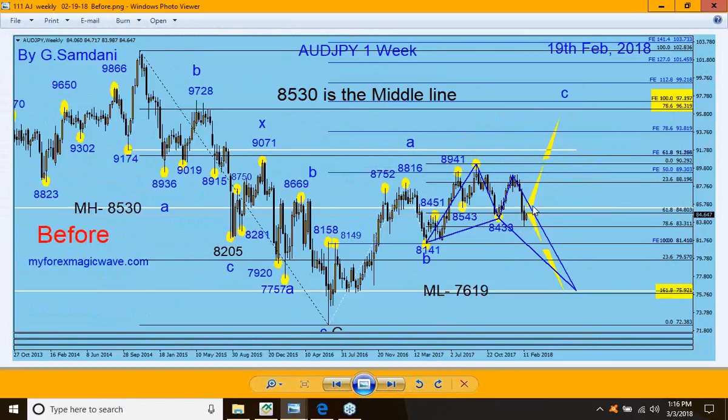Logically, I said if Aussie dollar gets strong instead of yen, then we will go above this number. This is like a borderline, and from there we're going to start going to the upside. The first would be this high. If you drop, the first will be this low. These are the two boundaries, right? If you drop, I've said first here, and then if you break below that, we come down to 76.19.